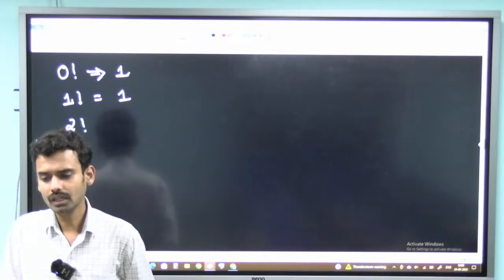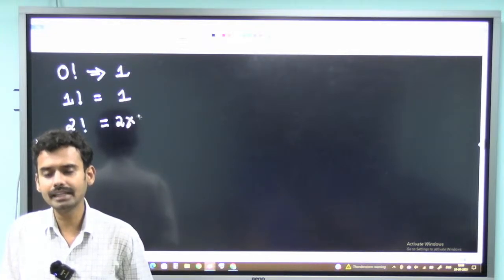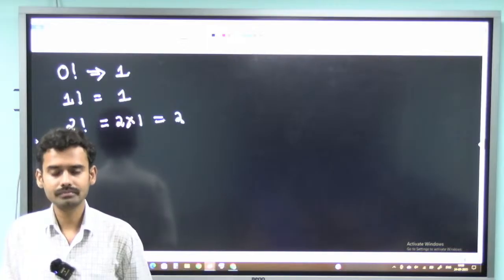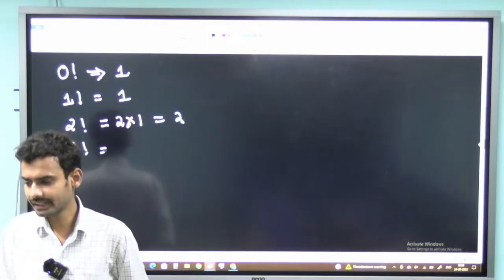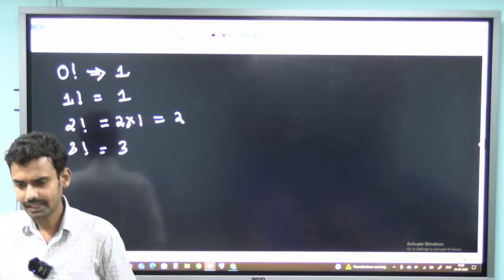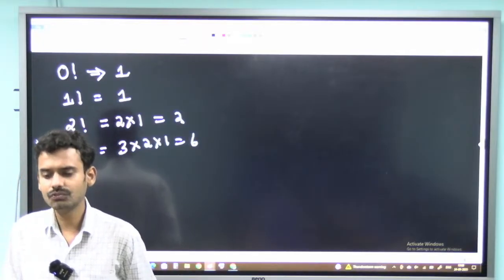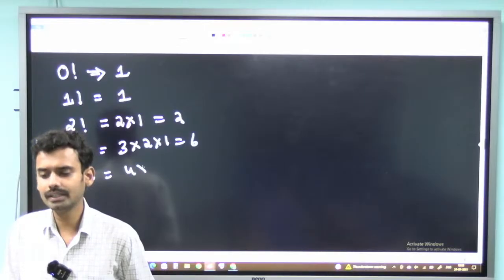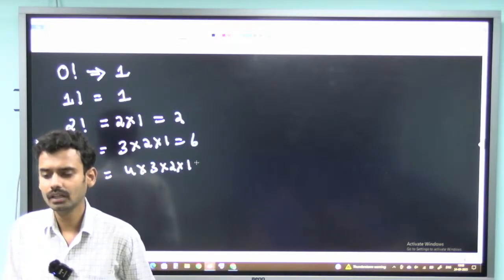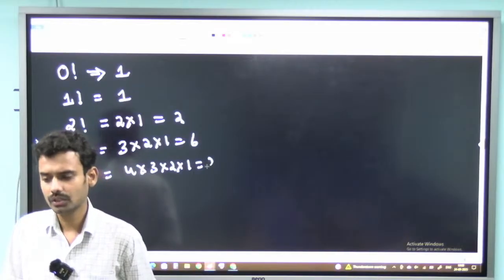Then 2 factorial starts from 2 and multiplies till 1, so 2 into 1 is 2. 3 factorial starts from 3, then multiply into 2 into 1, that is 6, 3 2s are 6. Then 4 factorial, that is 4 into 3 into 2 into 1: 4 3s are 12, 12 2s are 24.